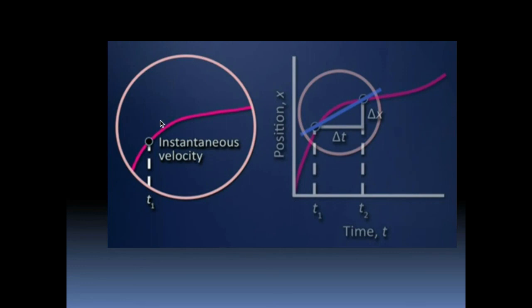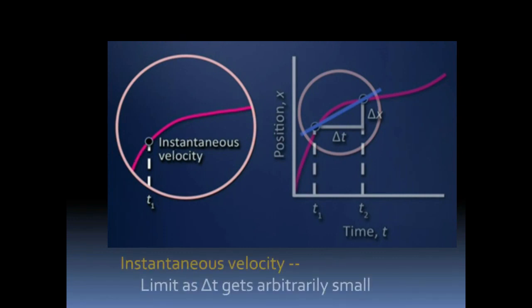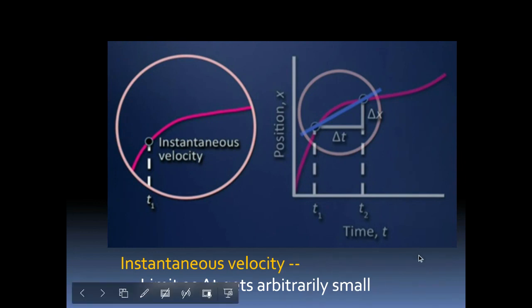And if I figure out the slope of that, it would be the instantaneous velocity at t1. So notice the difference between this and this. This is average. Over here, I'd have a line, I didn't draw it in, and I'd get instantaneous velocity. So we say it's the limit as our time interval gets very, very small.